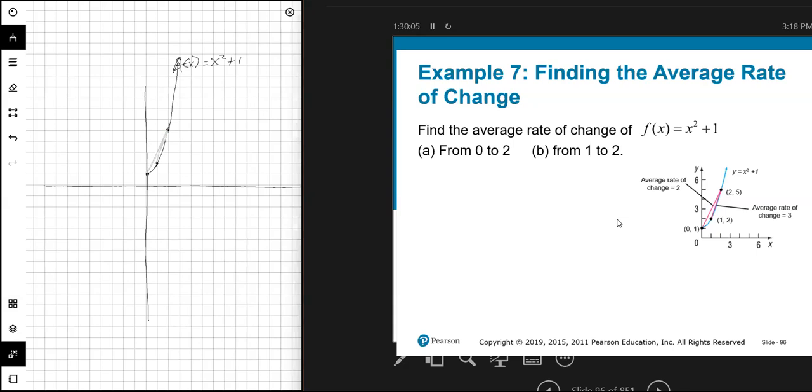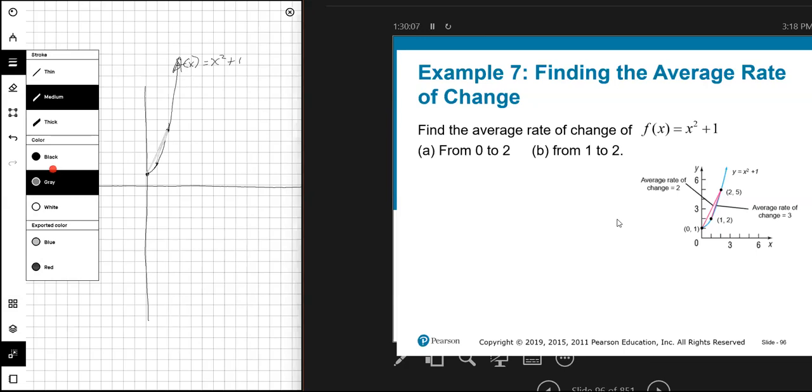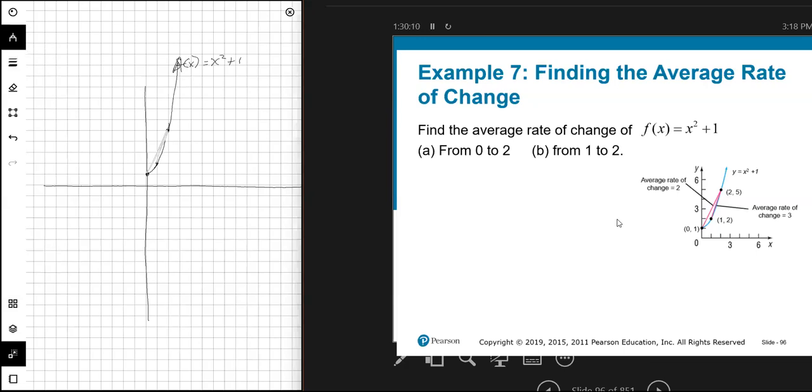So we're going from 0 to 2 and from 1 to 2. So A equals 0, B equals 2 in the first case, and in the second case, A equals 1 and B equals 2. So f of 0 equals 1, f of 2 equals 5.